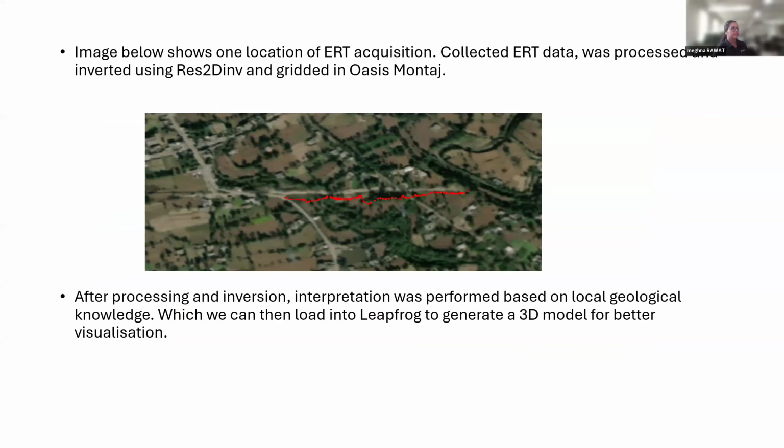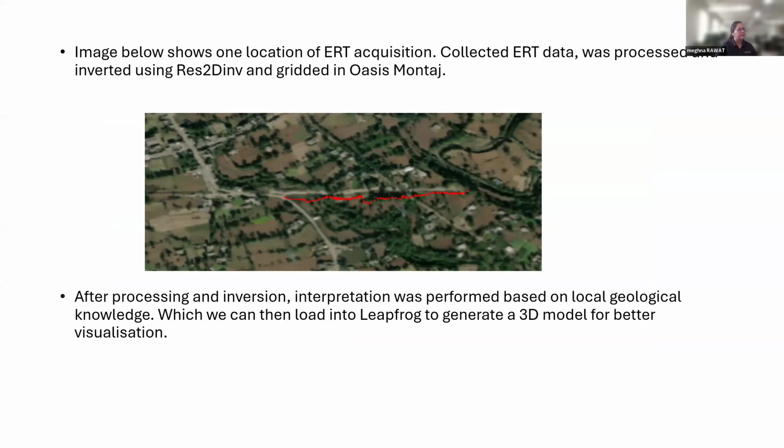This image is from Google Earth, which shows one of the ERT acquisitions. ERT is electrical resistivity tomography. The collected ERT data was processed and inverted using RES2DINV inverse software, and was also gridded in Oasis montaj.